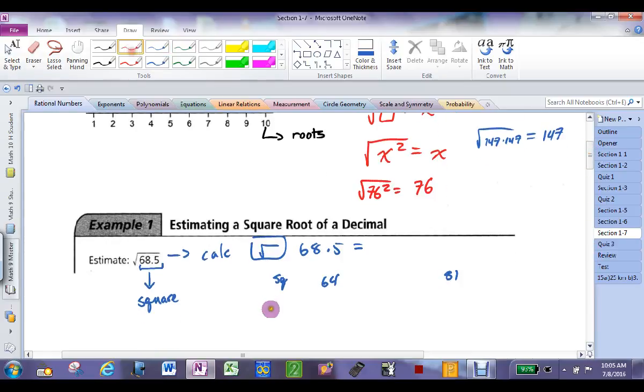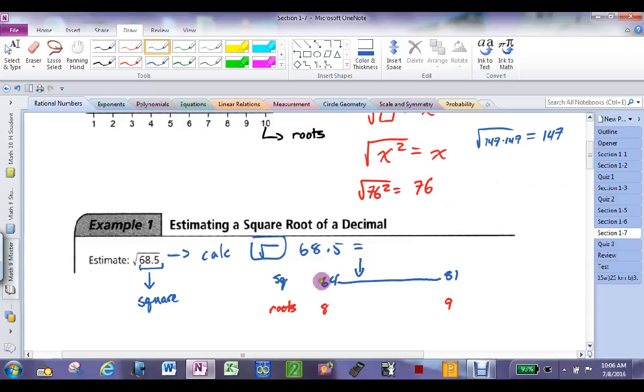What are the roots? 8 and 9, which is what Bryn was just saying, right? Now, where does the 68.5 go in? With the red or with the blue? The blue, right? And it goes in right there, yeah? If I put this on a line, it's going to be way closer to 64 than it is to 81, yeah? Everybody with me? Okay.